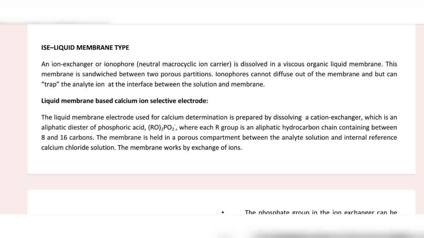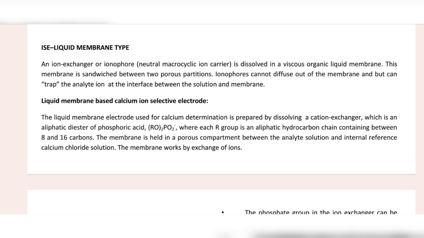So it's a phosphate group, a diester of phosphoric acid, where R is an aliphatic hydrocarbon chain whose number of carbon atoms is between 16 and 18.